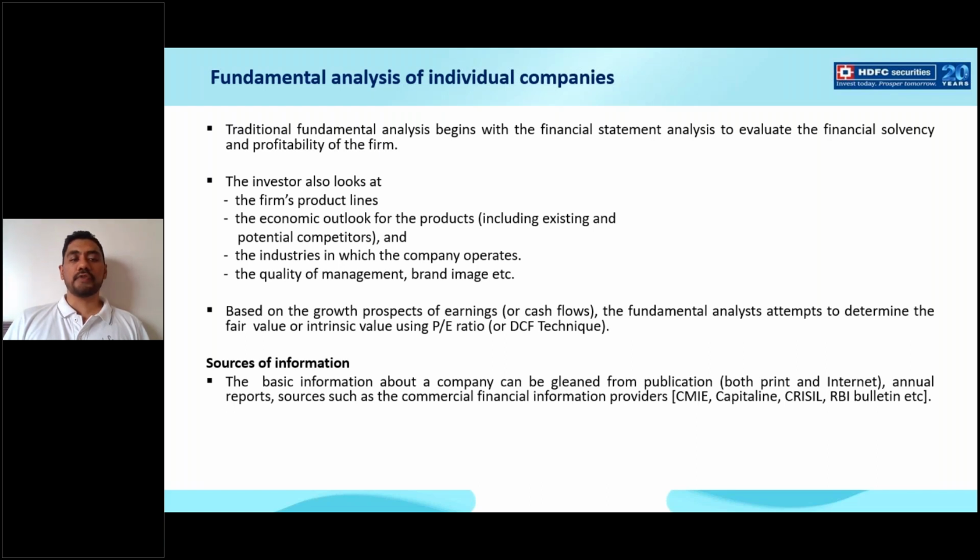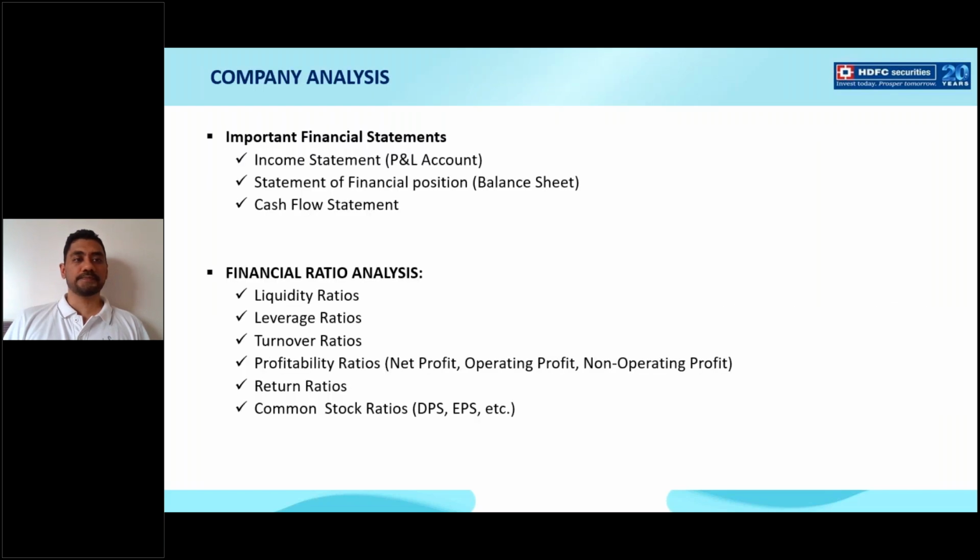There are various sources of information for an investor to get the data which he wants, but the most basic source is the company's annual reports and quarterly reports. And besides, there are other commercial database providers like CMIE, Capital Line, CRISIL, and RBI Bulletin, which can provide you with the data required.